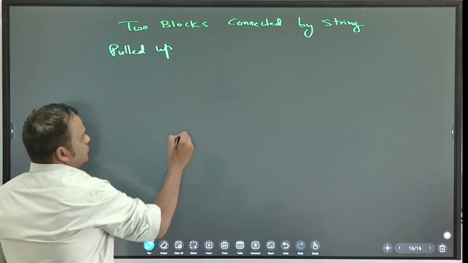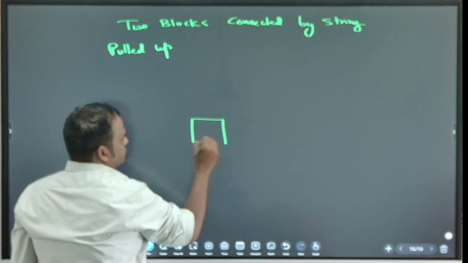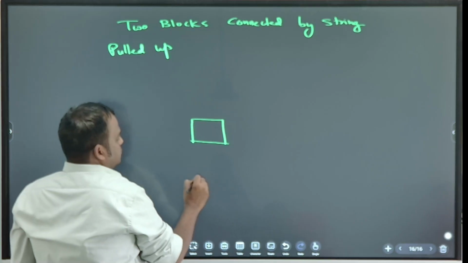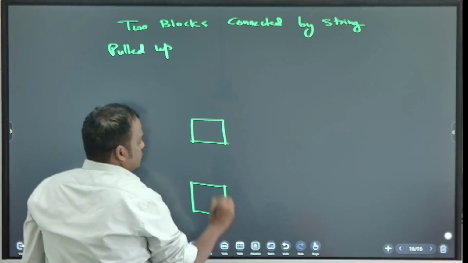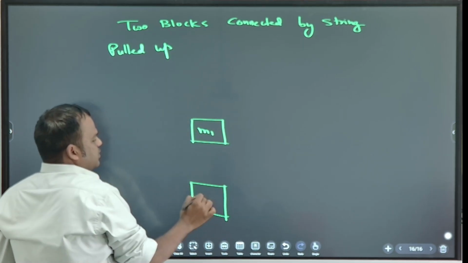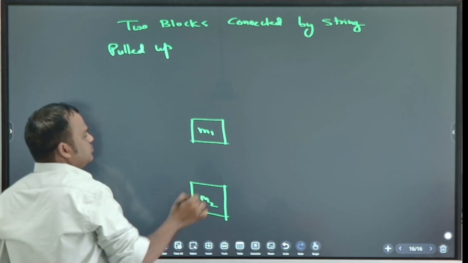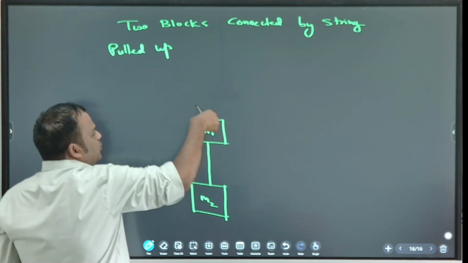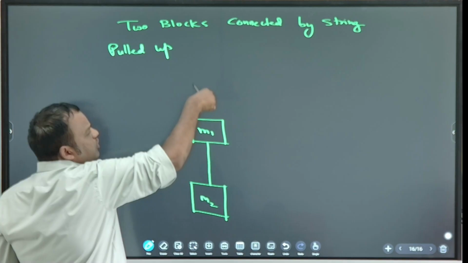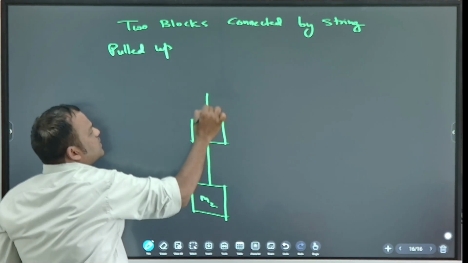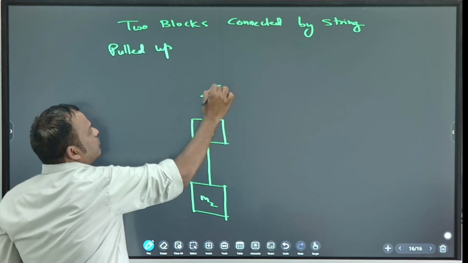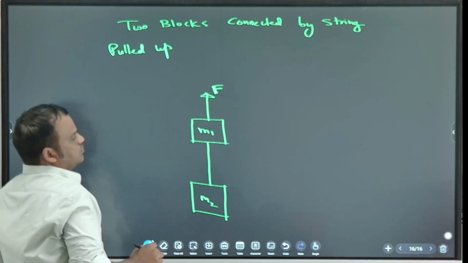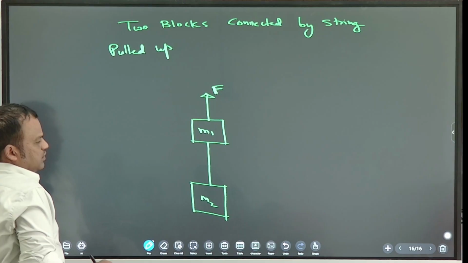See, this block is M1, this block is M2. They are connected by a string and you are holding M1 and you are pulling it up. So external force F. This is the case.